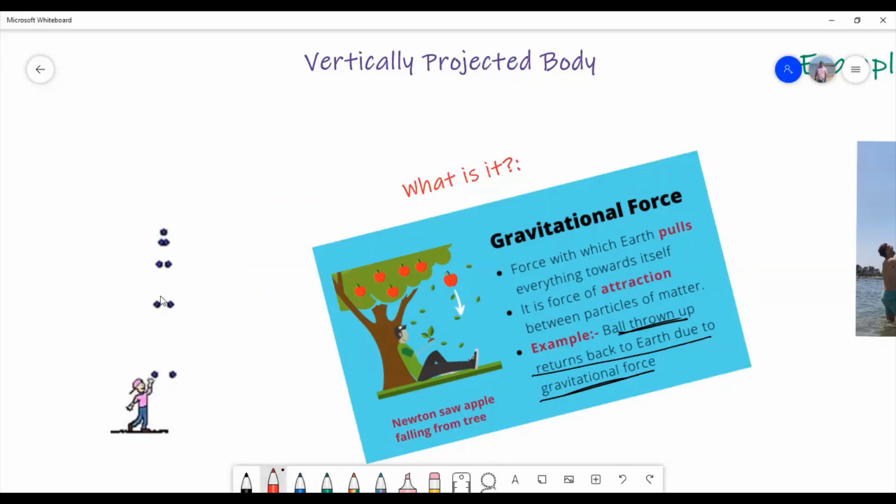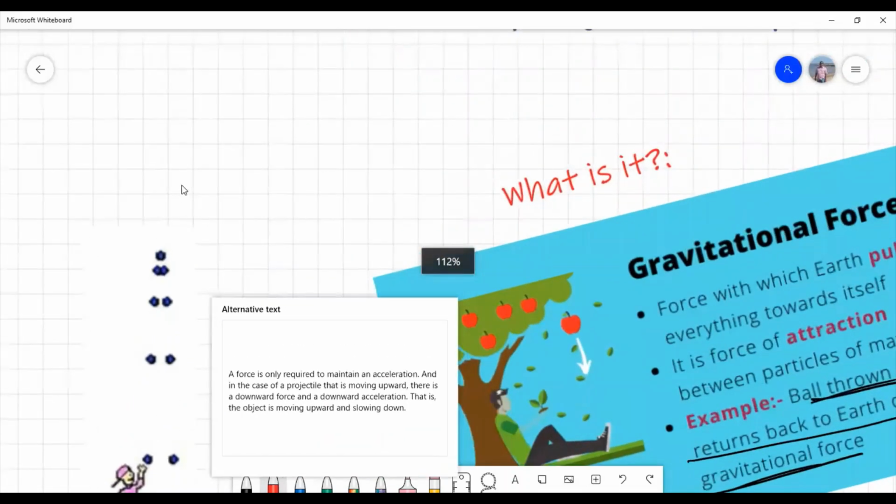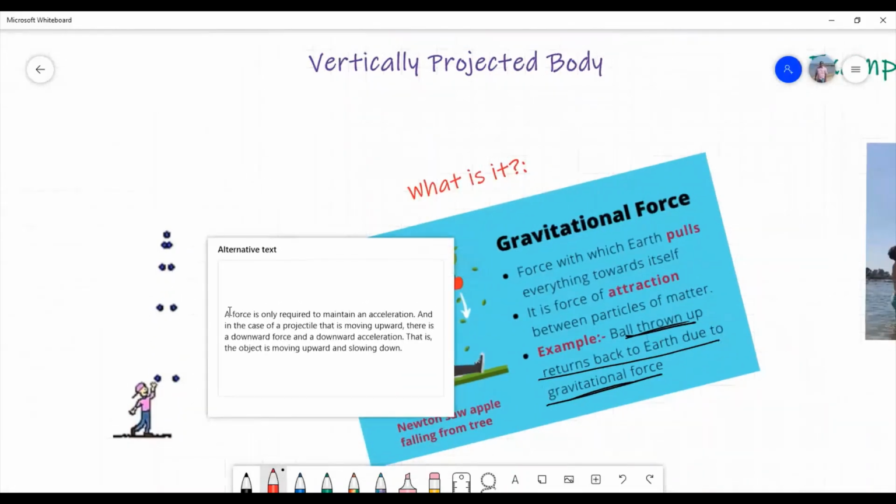And here, as I said, we require force only for continuing the motion. Here we should understand an important point. A force is only required to maintain acceleration. If you don't want to accelerate a body, no need of force.